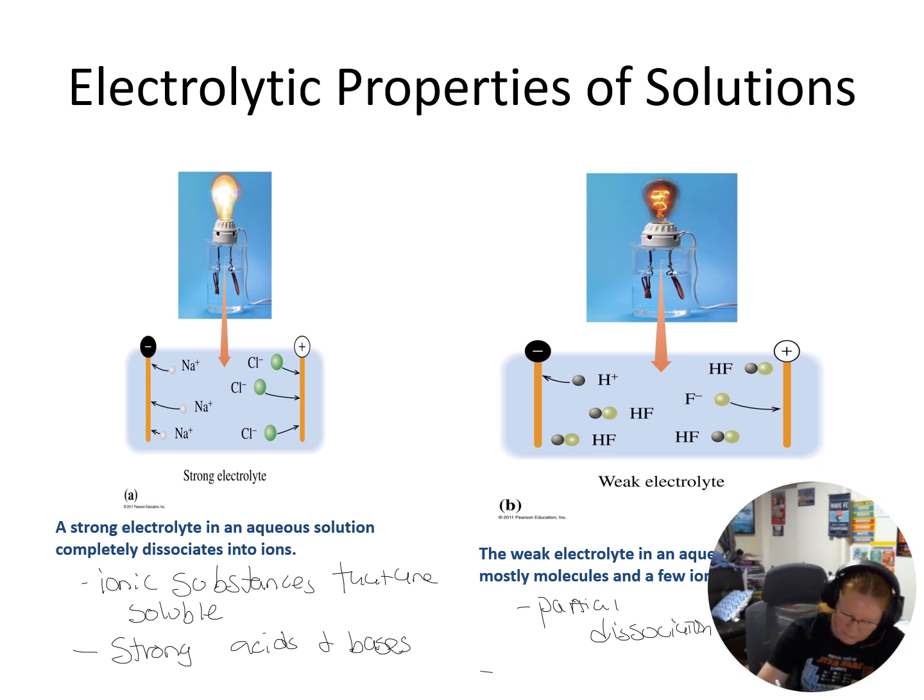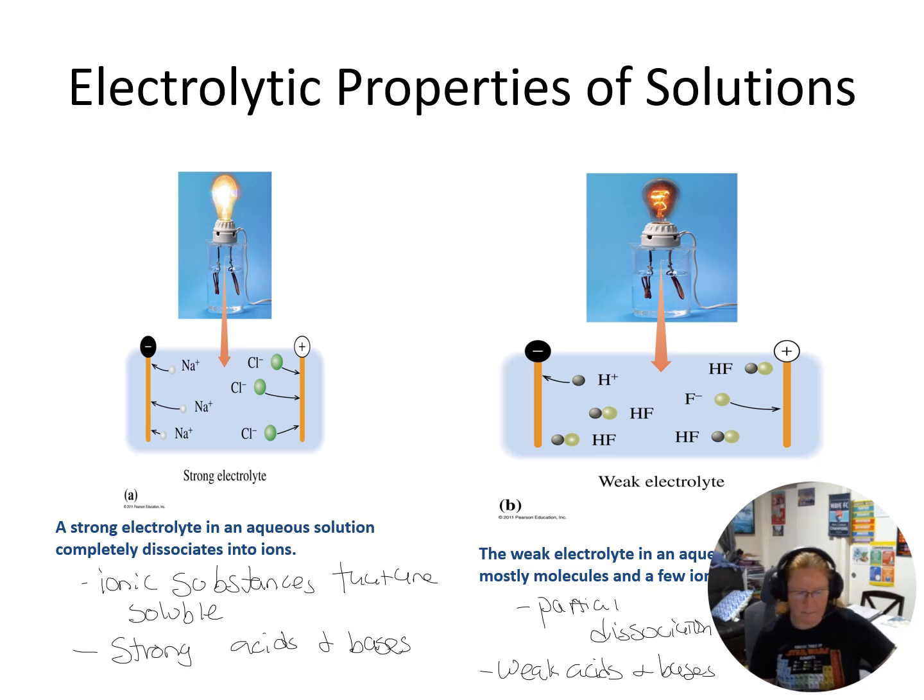And these are largely going to be our weak acids and bases, because they only partially dissociate. In solution, the major species of a weak electrolyte is the intact, undissociated molecule. The minor species are going to be your dissociated ions.